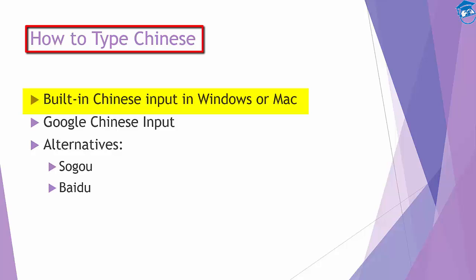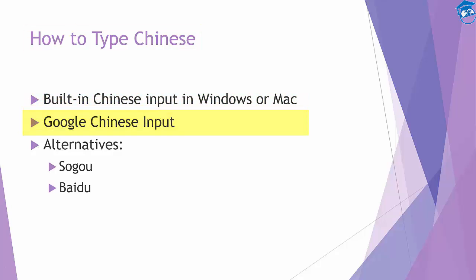So you can type in Chinese in documents or in a web browser, anywhere you like. But for those who are not ready to use Windows or Mac, I'm going to teach you another way of typing Chinese using Google Tools.